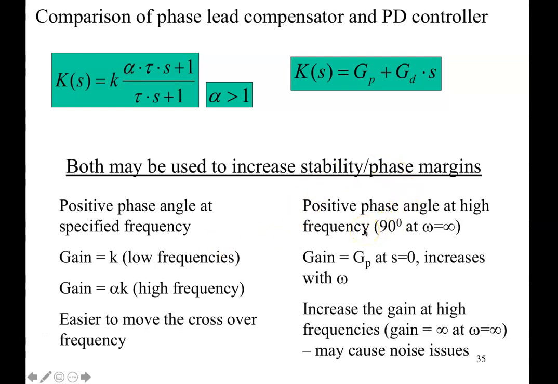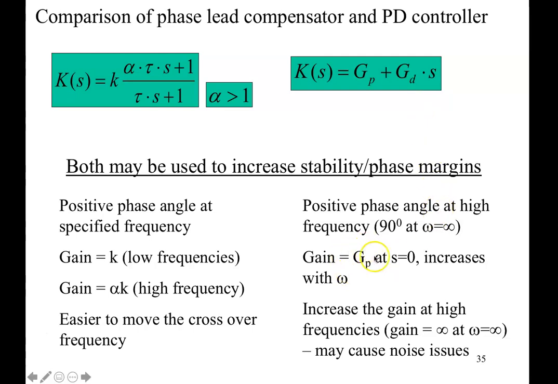In contrast, a PD controller will also give you a positive phase angle, but it's less defined because when you get to a very high frequency, s is j omega, therefore, when frequency tends to infinity, you get a positive 90 degrees. It can be a higher phase angle, but it's harder to control where you want it to be.